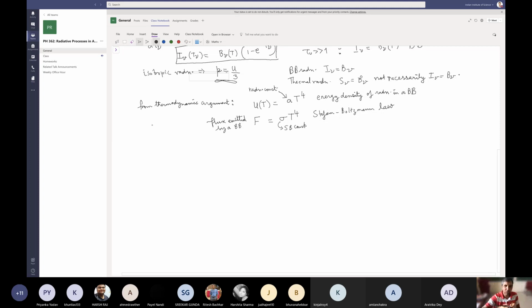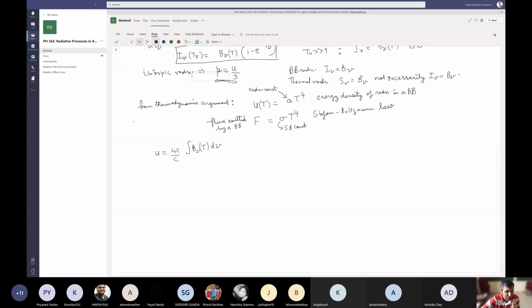And if you recall our definitions of various quantities, U, the energy density U equals 4 pi by c integral B nu T d nu, right? You recall this? This is the energy density integrated over all frequencies. This is specific intensity for a black body.